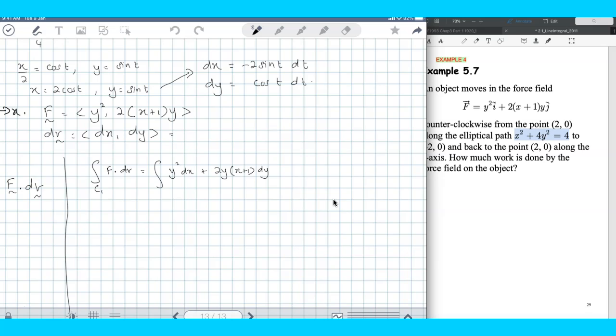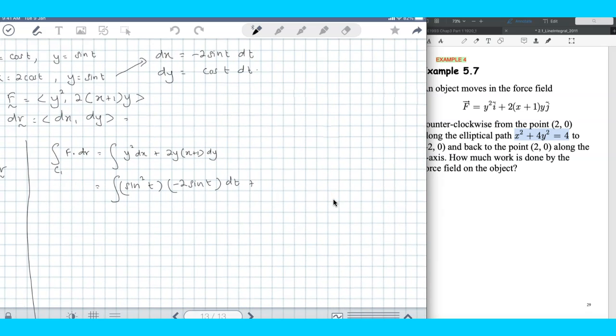So we can substitute. y squared is sin squared t, and then dx is negative 2 sin t dt, and then 2y, so 2 sin t, and then (2 cos t plus 1).